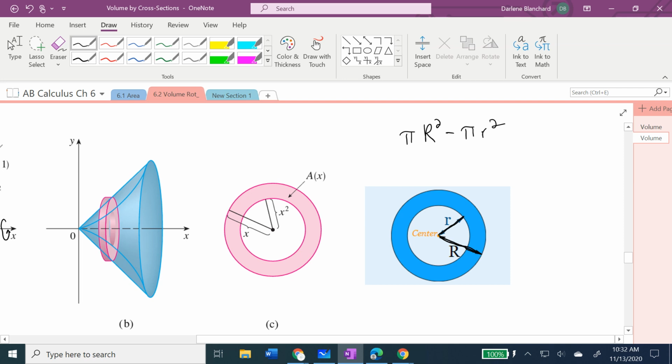And we're going to have to look at the radius from 4 different points of view. What I mean by that is if I look to the right, then I can see that the function furthest from the axis of rotation is further right. The function closer to the axis of rotation is further left.